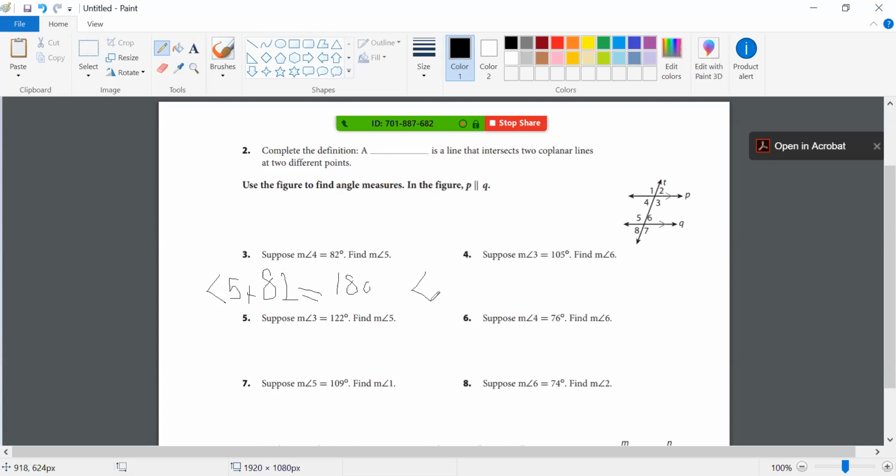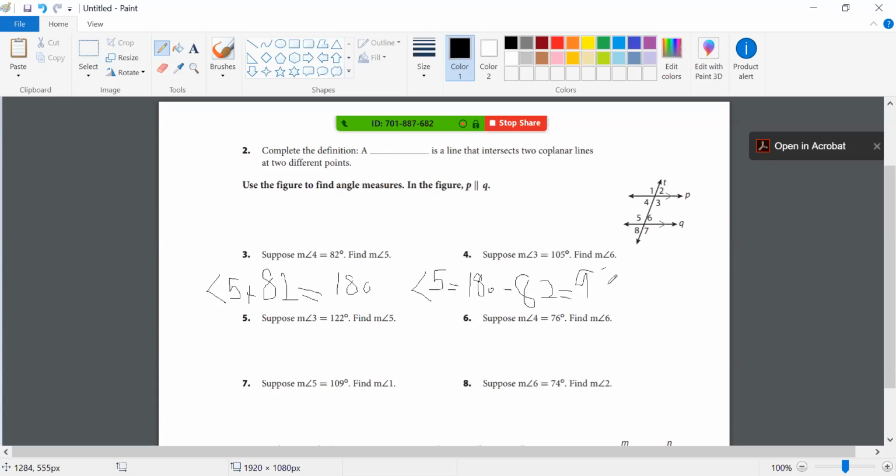So angle 5 will be equal to 180 minus 82. And then finding the answer on your calculator, the answer will be 98. So 180 minus 82, the answer is 98.